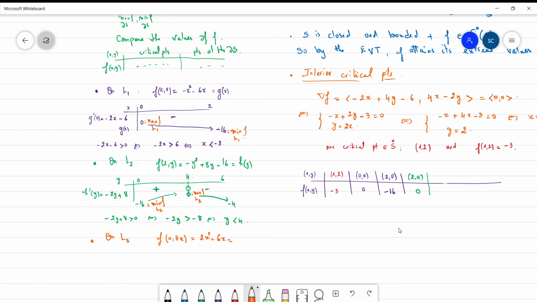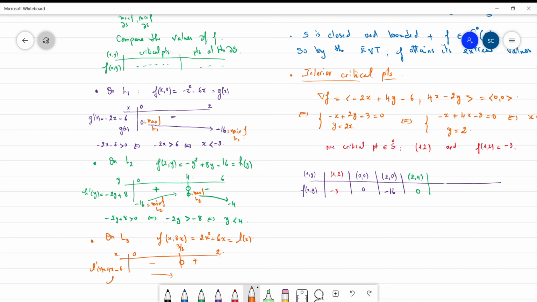Let's call it L of x. Same thing, small table, x belongs from 0 to 2. L prime of x is 4x minus 6. So we have the value 3 over 2 appearing: positive here, negative here, 0 here.